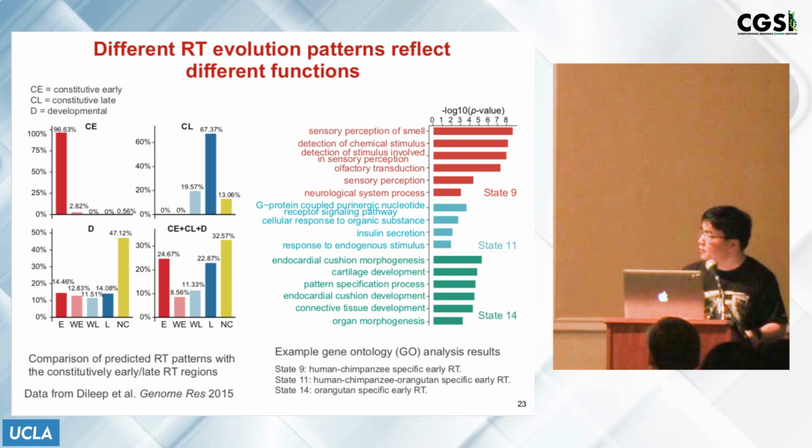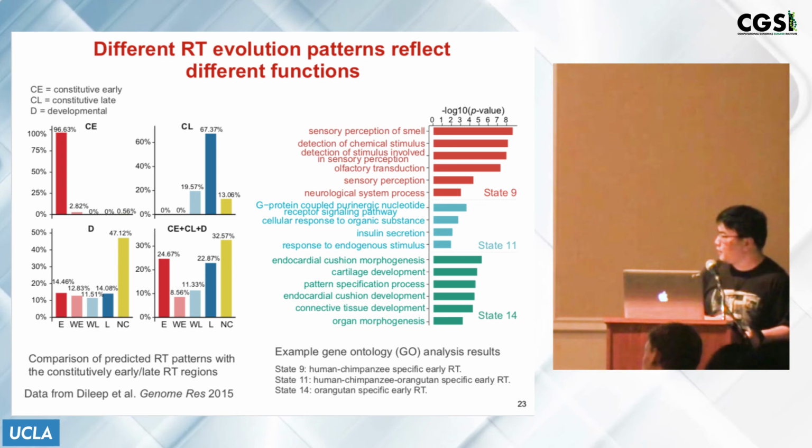And we found that for the constitutive early replicating regions, they're mostly conserved early across primate species. Similarly, for conserved late, the majority of them are conserved late across different primates. And for the developmentally regulated ones, they're mostly non-conserved across different species.